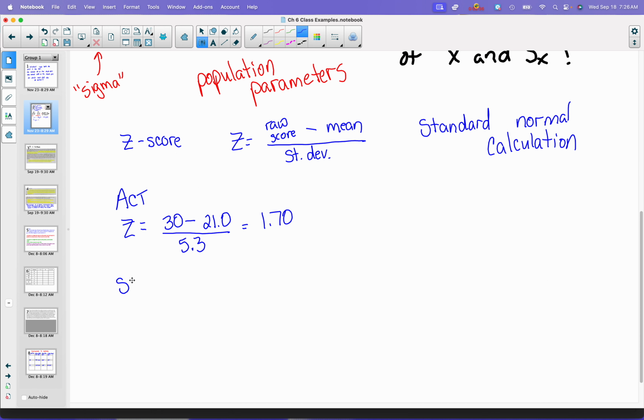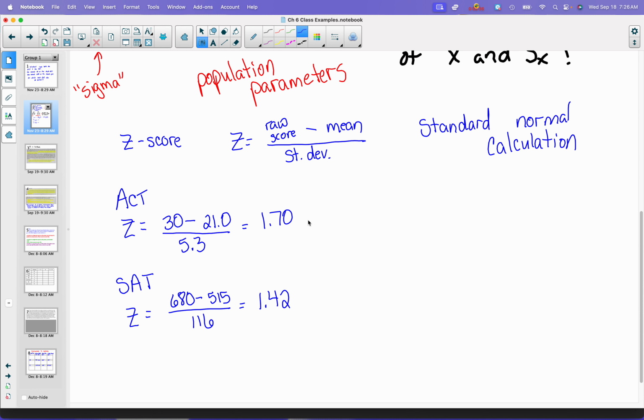For the SAT, I'm going to take the raw score, so she got a 680, subtract the mean, and divide by 116, which was the standard deviation. And when I do that, I did it already, and I get 1.42.